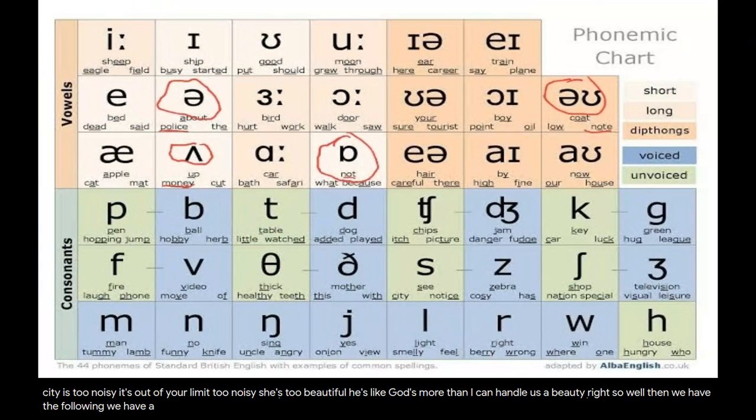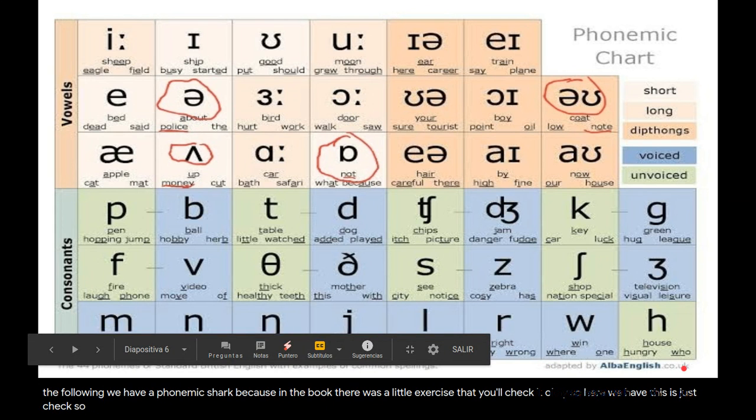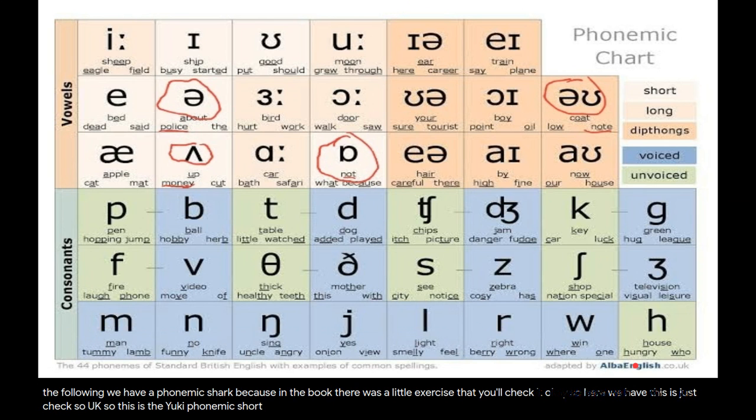So we have that. Then we have the following. We have a phonemic chart, because in the book there was a little exercise and you'll check it. This is the UK phonemic chart because our textbook is from the UK, even though I prefer to teach American English as a standard.